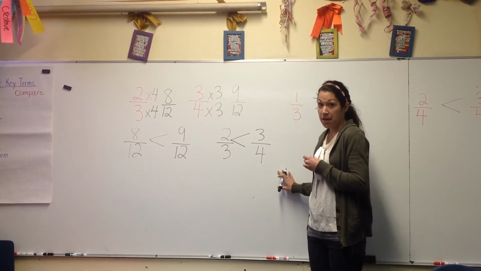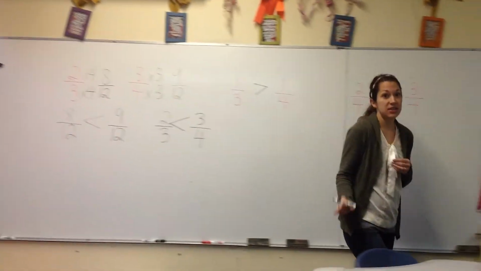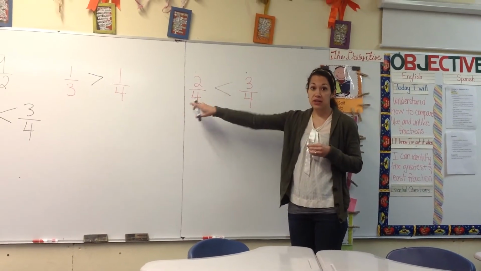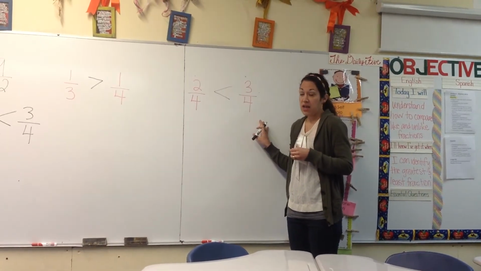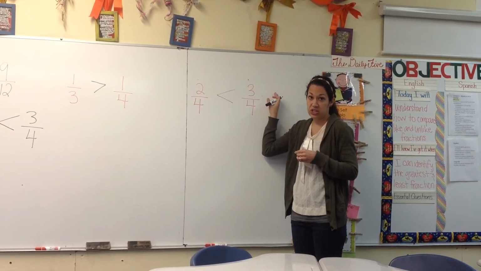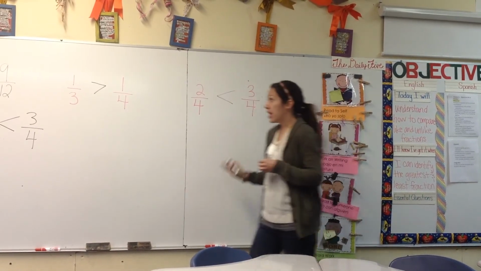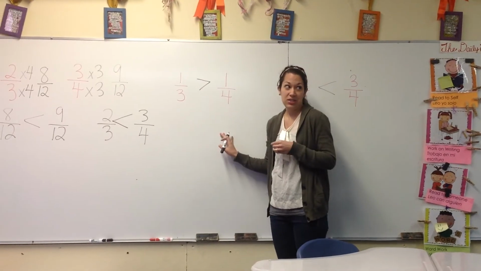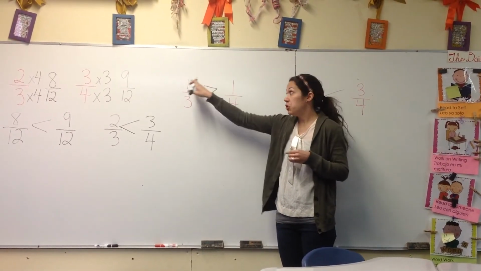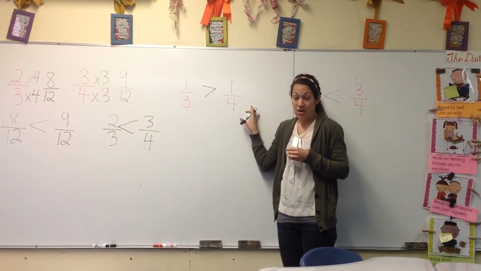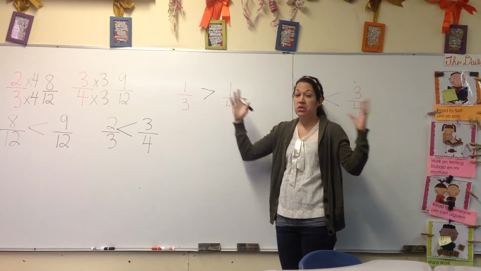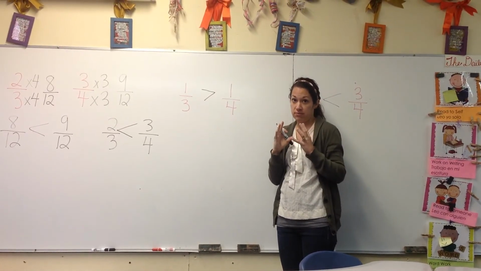So just to recap, let's start at the beginning again with like fractions. When they are like fractions, I look for the bigger numerator to find the greater fraction. When I have unlike fractions, I have to check the numerator. If the numerator is the same, the greater fraction is the one with the smaller denominator.